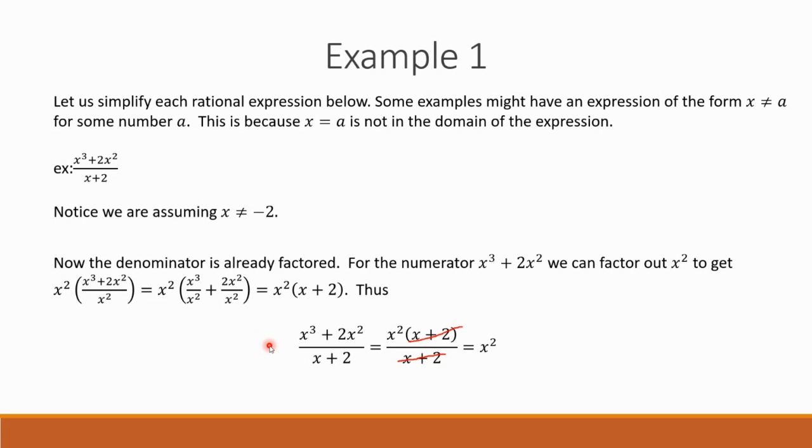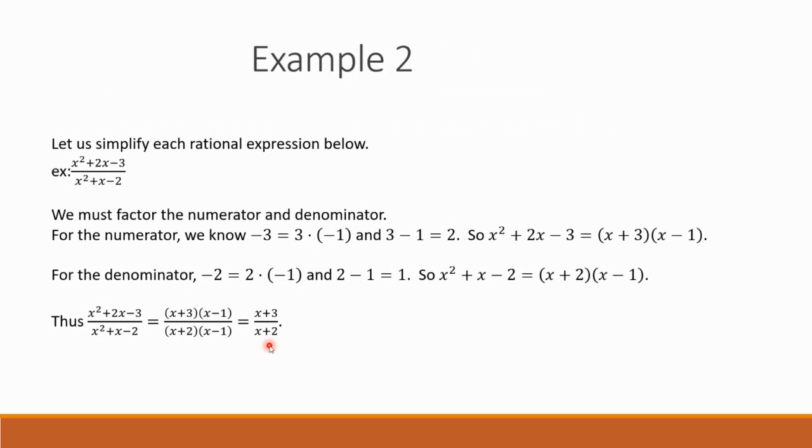Okay, next. So here's a really fun one. I'm going to simplify this. Now, notice that it's not obvious if these two are factored already. You could have a quadratic that you can't factor. That can happen.